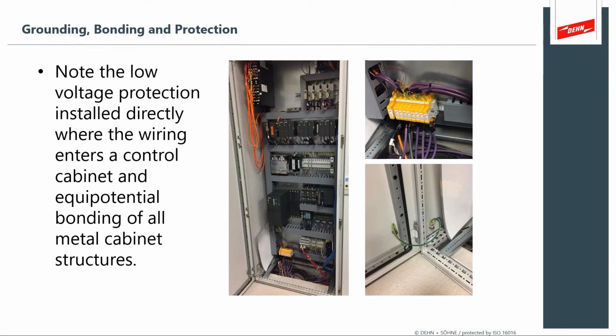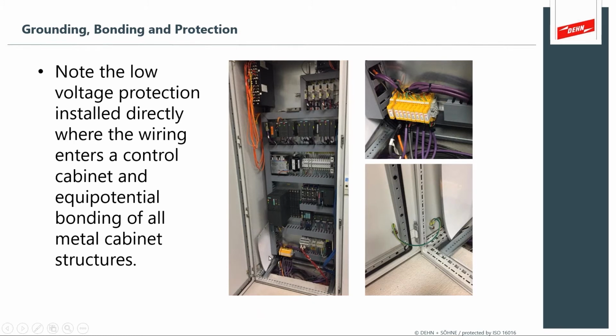Here's a nice photograph of the marshalling cabinet inside of the control room. And it also demonstrates the aspects that we've been illustrating. You have bonding jumpers on the door so that the door does not float relative to the control systems. You have bonding on the surge protection device.